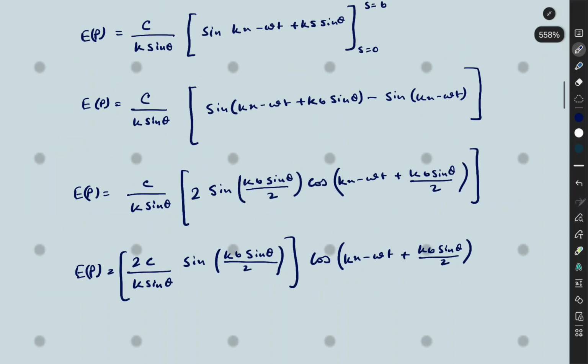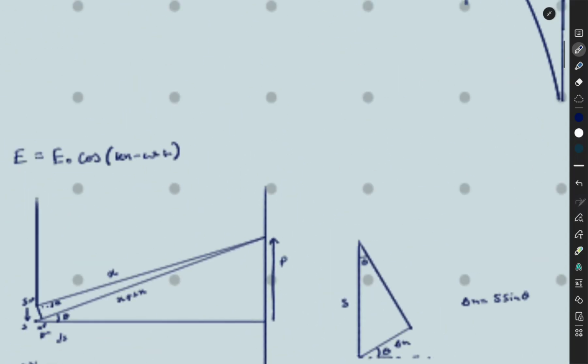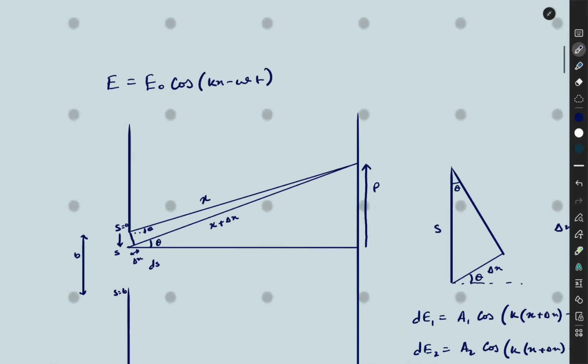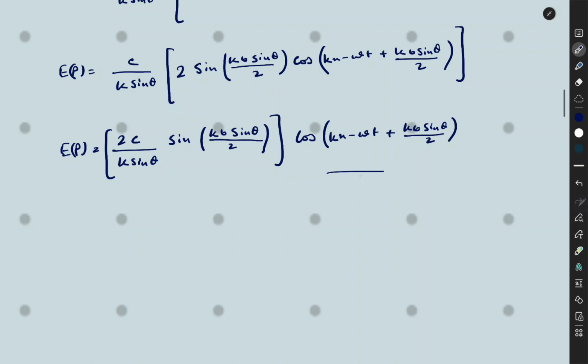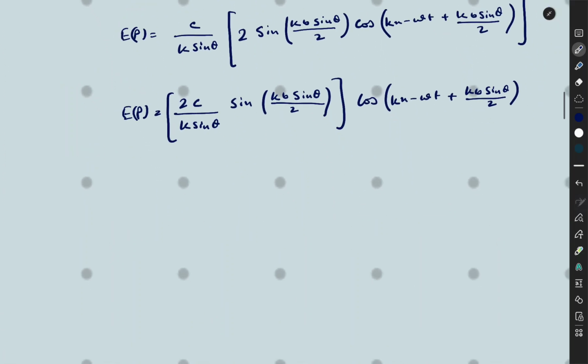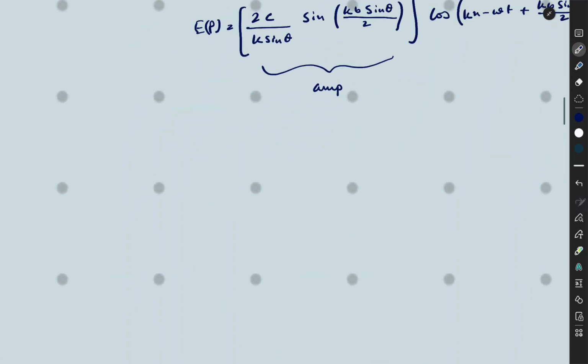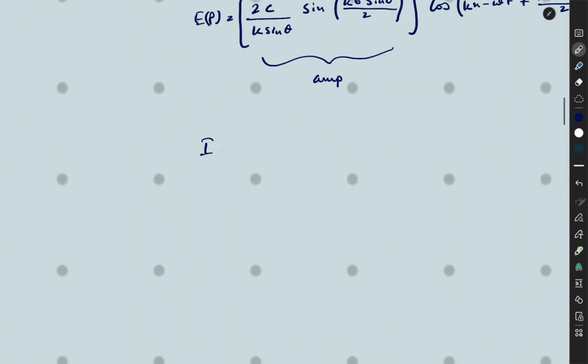If we compare it with our electromagnetic wave equation, we can see that the cos part is there, and the E naught with that is our amplitude. So this part is our amplitude.